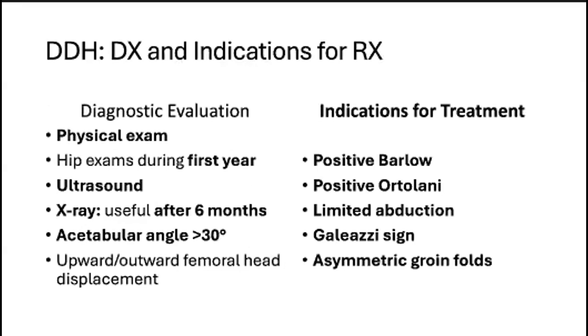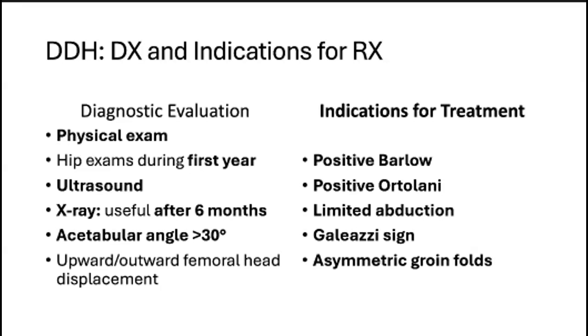Our diagnosis. So with everything, we want to start with our physical examination. Examination is kind of the mainstay of diagnosis. It must be performed on a relaxed infant for accuracy. All infants should be carefully monitored throughout the first year of life at routine well children checkups. DDH is often not detected at the initial examination after birth.